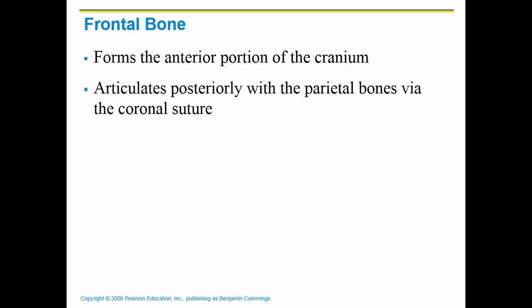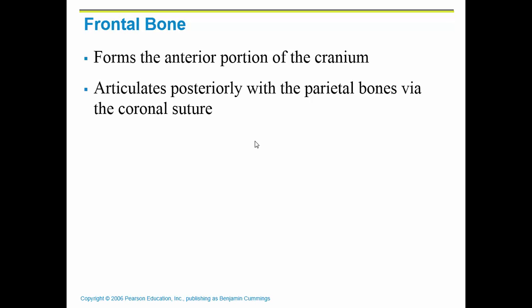Whenever you see the word articulates, that just means that it comes into contact and makes a joint with another bone. So it articulates posteriorly with the parietal bones via a coronal suture.